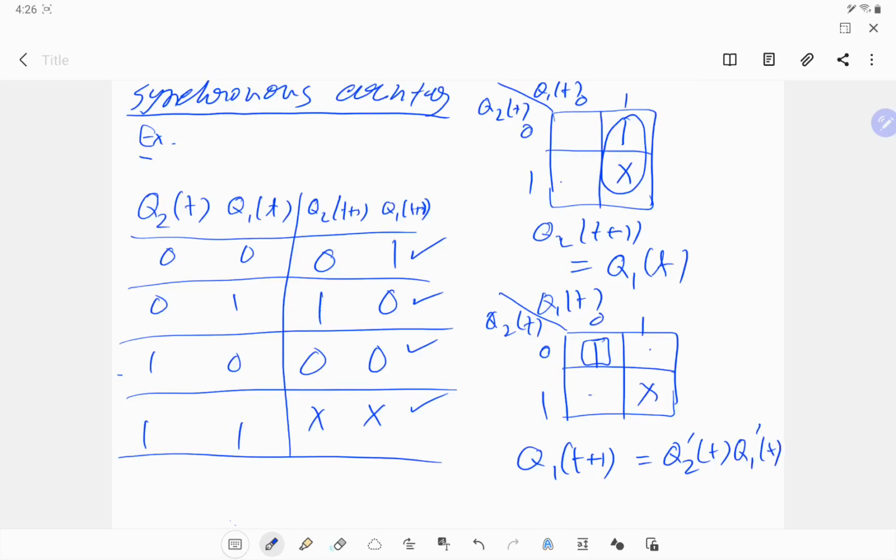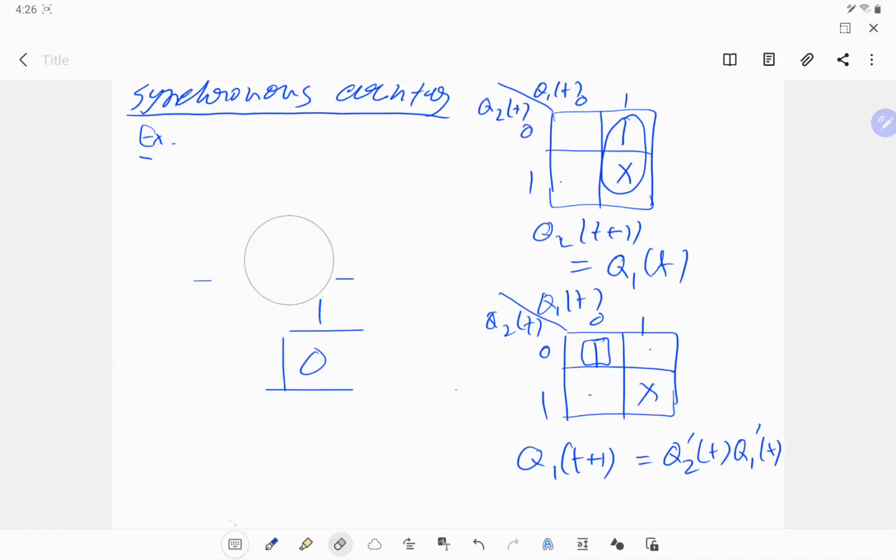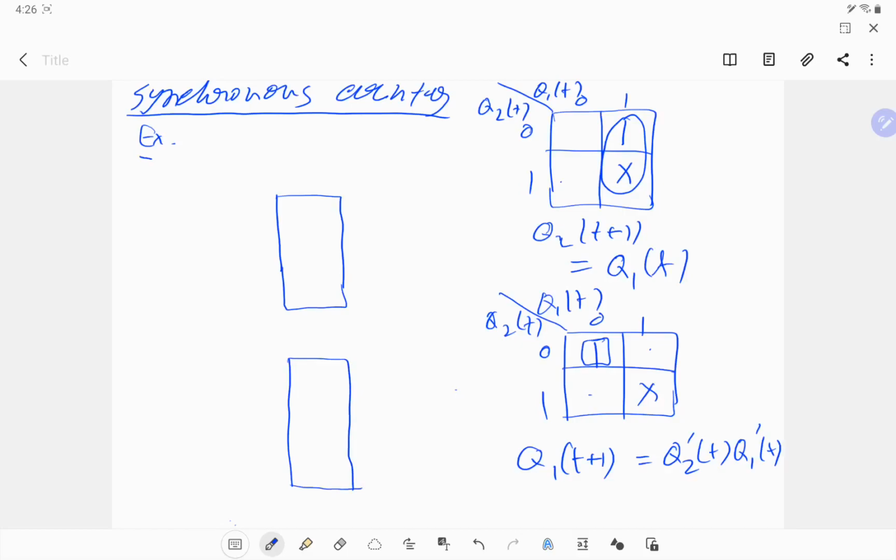Now we have the equations, and we want to draw the circuit. So we need 2 flip-flops. Let's consider the first flip-flop is Q2, the second one is Q1.